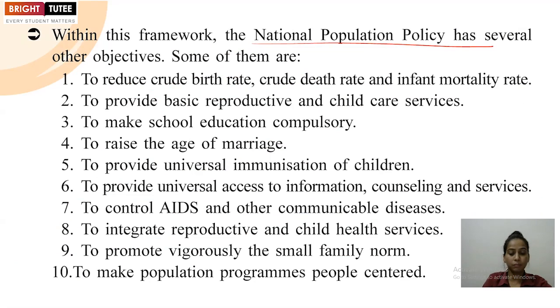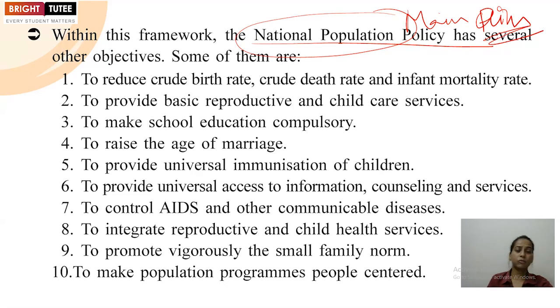Although we know the main aim is to control the population, besides that it is also working on so many other things. So some of them we are going to discuss here. What are these main points that they are talking about? Under this National Population Policy, they are working to reduce the crude birth rate, that is the main focus. Also to reduce the crude death rate and infant mortality rate.